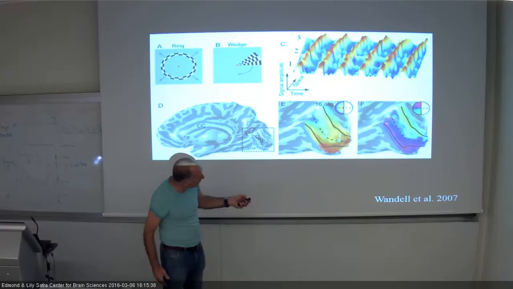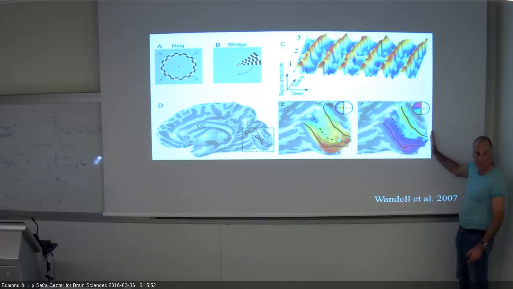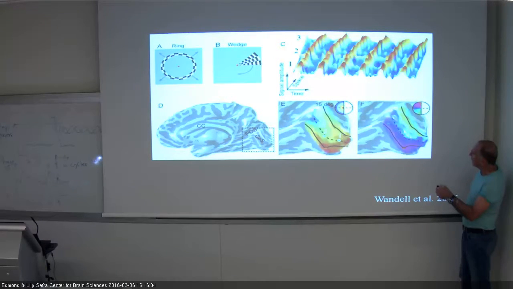So what's below it corresponds to the upper left quadrant, and what's in the upper calcarine, okay? So this is up, this is down, or what's called dorsal and ventral. Upper calcarine corresponds to that. It's going from the horizontal meridian to the vertical meridian. So it's going from dark blue to the greenish part here.